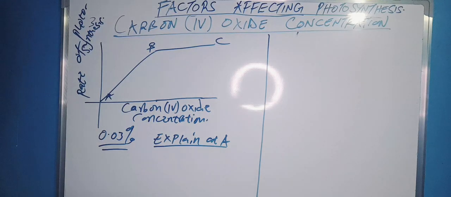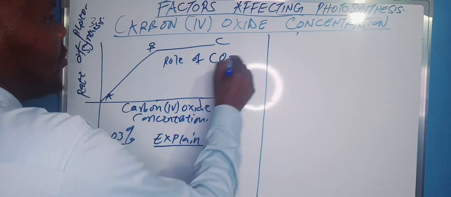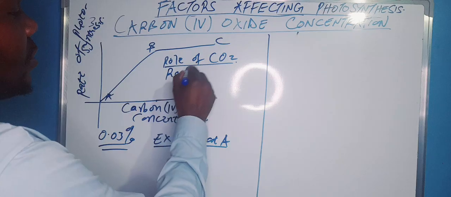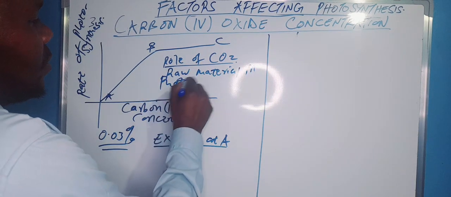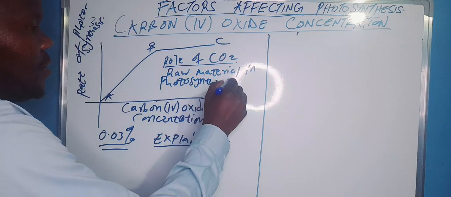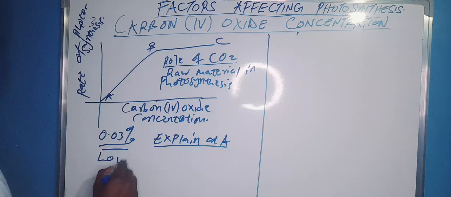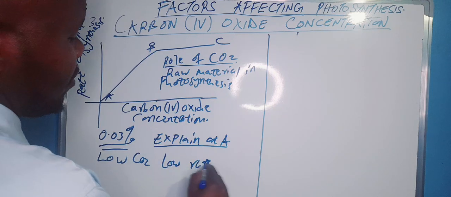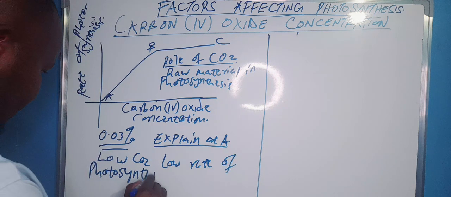So it's about, what's the role first of carbon dioxide? The role of CO2 is just a raw material in photosynthesis. So it means without the raw material, photosynthesis will not take place, right? So low CO2 means low rate of photosynthesis.